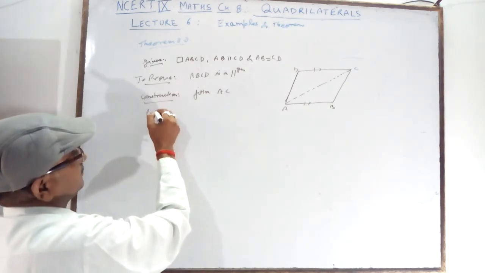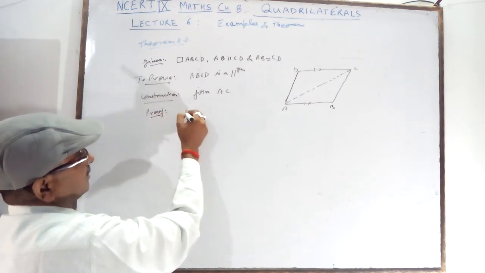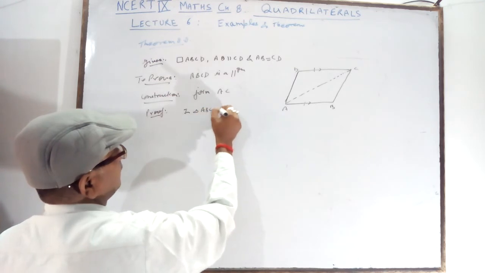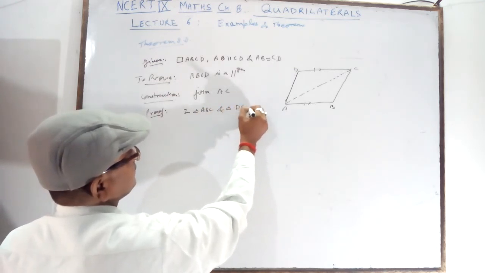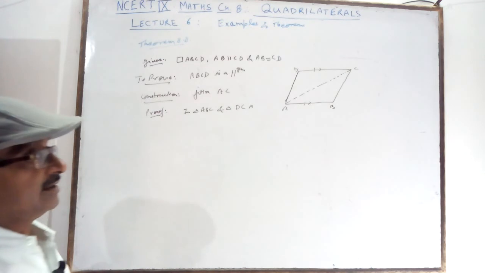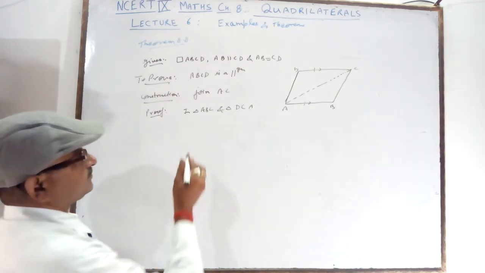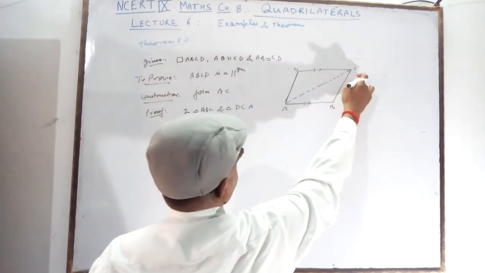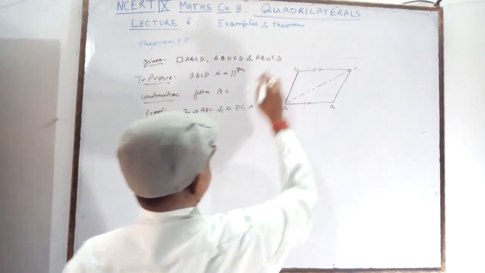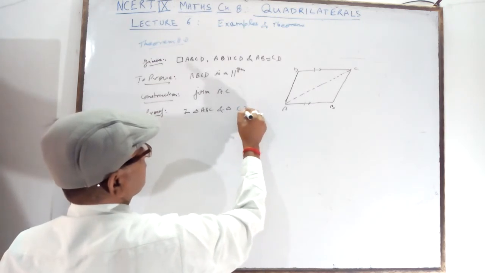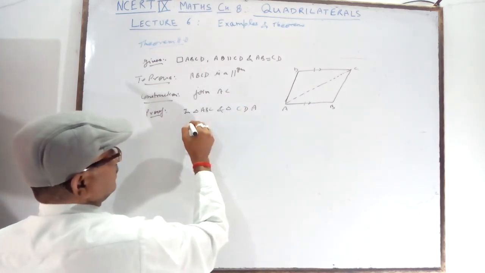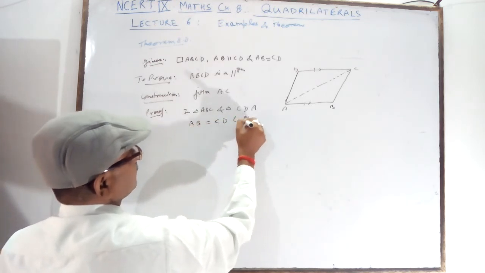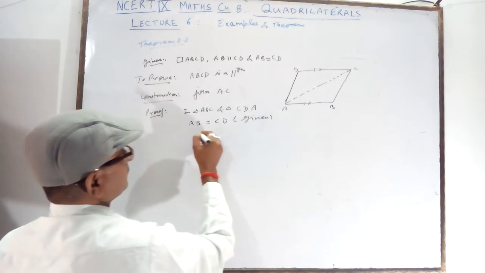So you prove in triangle ABC and triangle CDA: AB is equal to CD, because it is given.